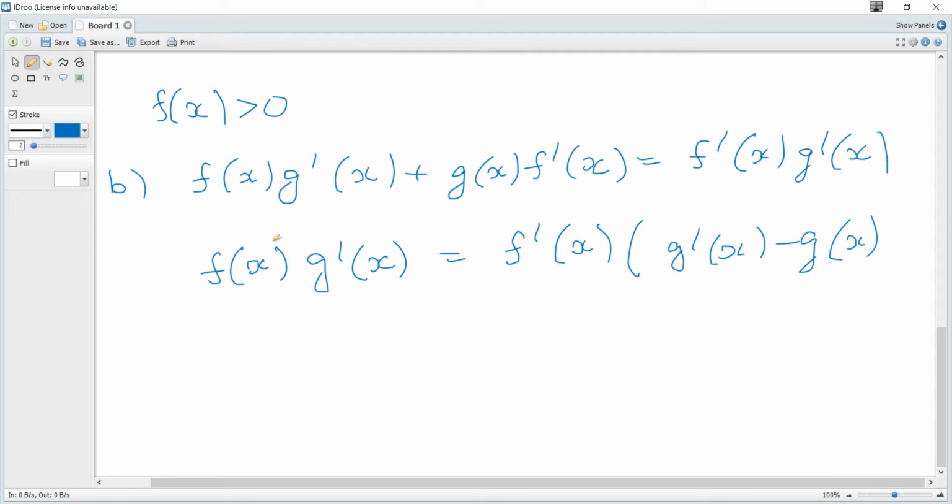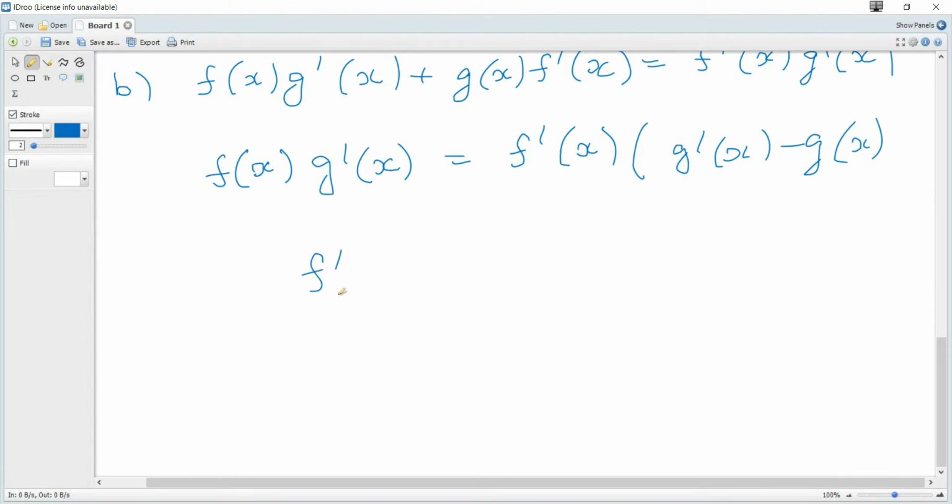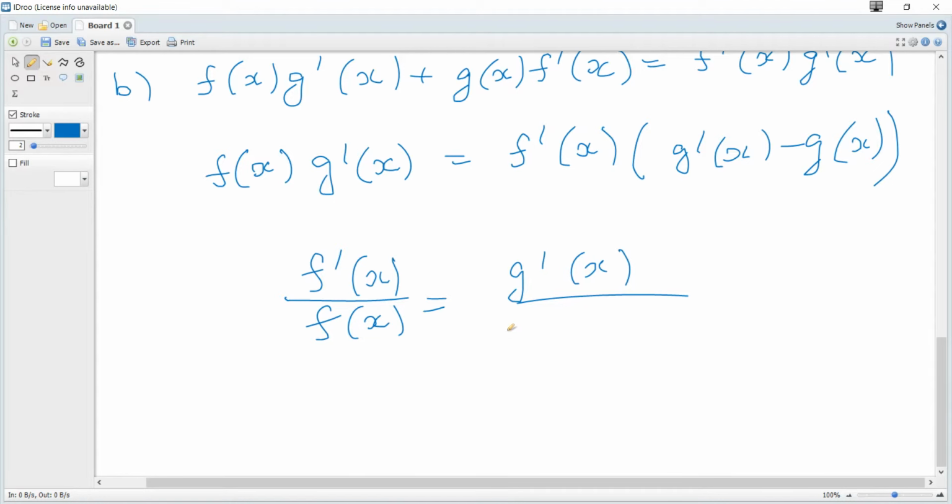Dividing both sides by f of x, f' over f on the right hand side is, and dividing by this, we get g' divided by g' minus g on the left hand side. But definitely we can rewrite it like this, and we get it as required. It was 2 marks.